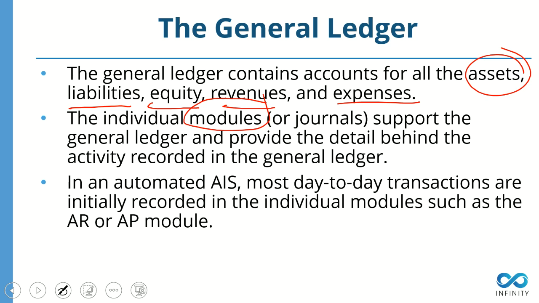All those functions are done in different modules and finally reach the general ledger. So you can use AIS to get all the information from your different modules like AR, AP, fixed asset, HR, whatever the modules are.